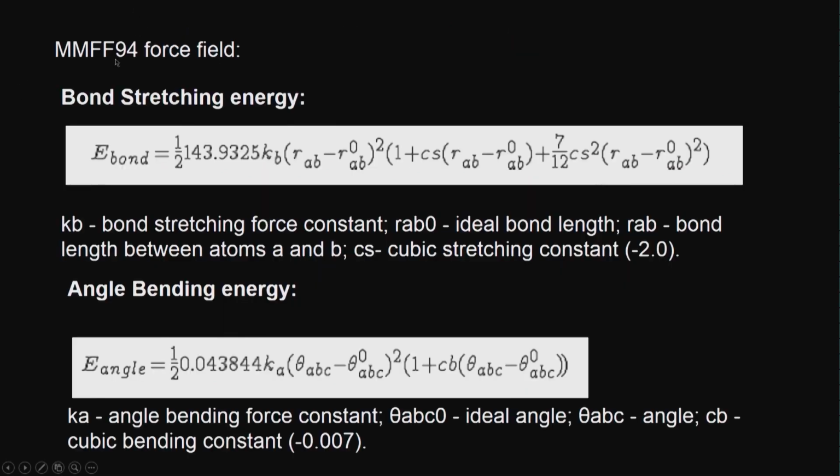Another force field, MMFF94. Look at the equation for bond stretching. They have a completely different equation, they consider square terms as well as linear terms, as you can see here, and these are constants. Then for the angle bending also you can see a square term and a linear term.